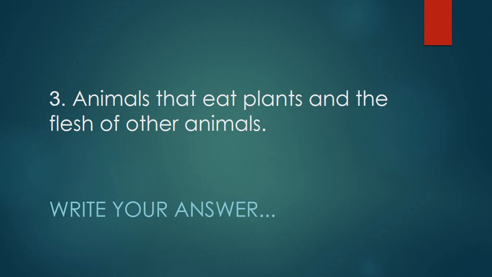Animals that eat plants and the flesh of other animals, both the things. So animals eating both the things, plants, fruits and the flesh of other animals, who are they? Please write your answers and please check your spellings once you have written the answers, because then you will not get the time. Okay, so I hope that you have written this.